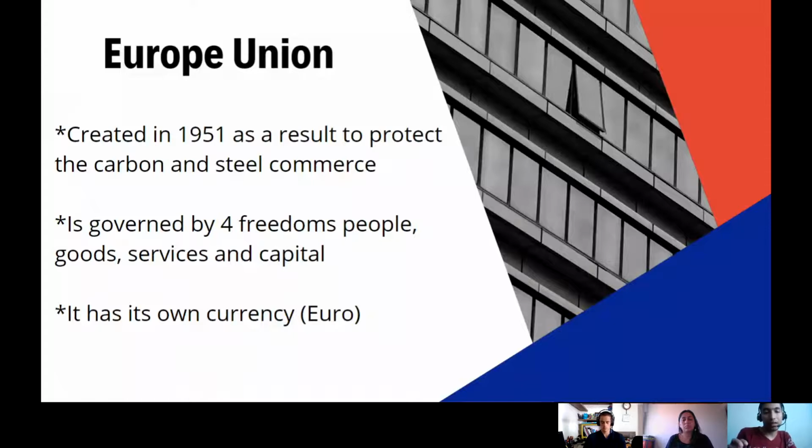This currency allowed all these countries to trade with a common money, and they are also ruled by some common laws which protect or control the tourism, the immigration, the commerce, and some others. Nowadays, the European Union is composed of 27 different countries, and they all share different common policies, which we'll explain now.